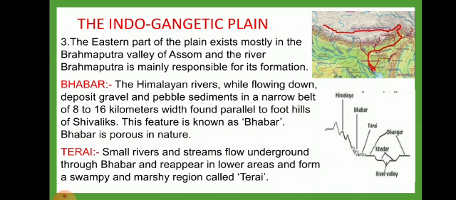This feature is known as Bhabar. Bhabar is porous in nature. Terai: small rivers and streams flow underground through Bhabar and reappear in lower areas and form a swampy and marshy region called Terai.